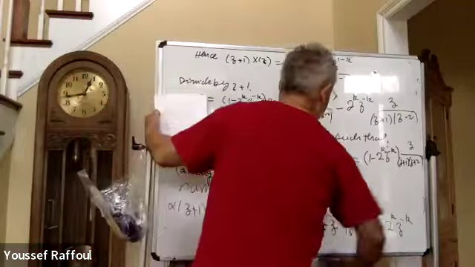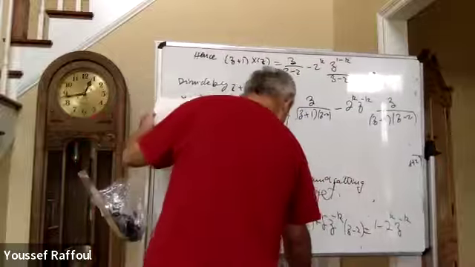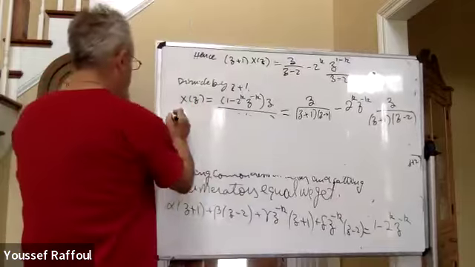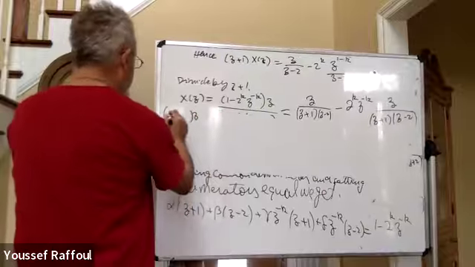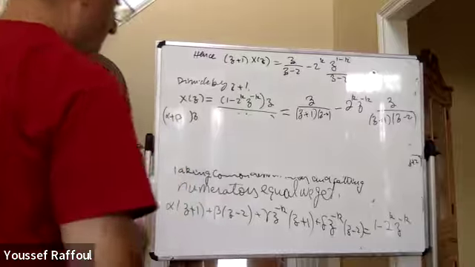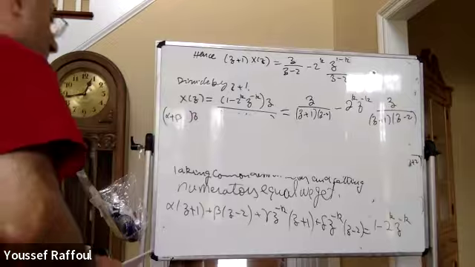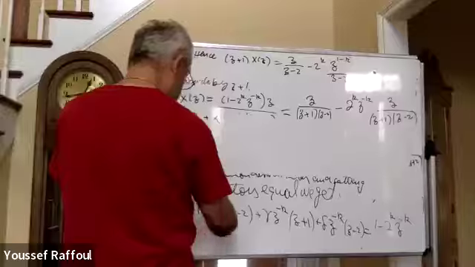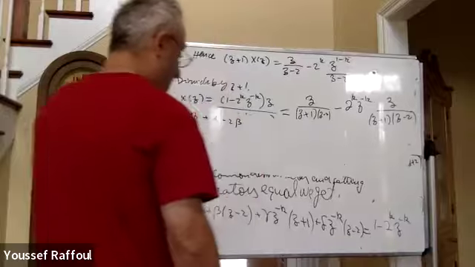So if you factor z out, you have alpha plus beta z plus alpha minus 2 beta, and that's it.